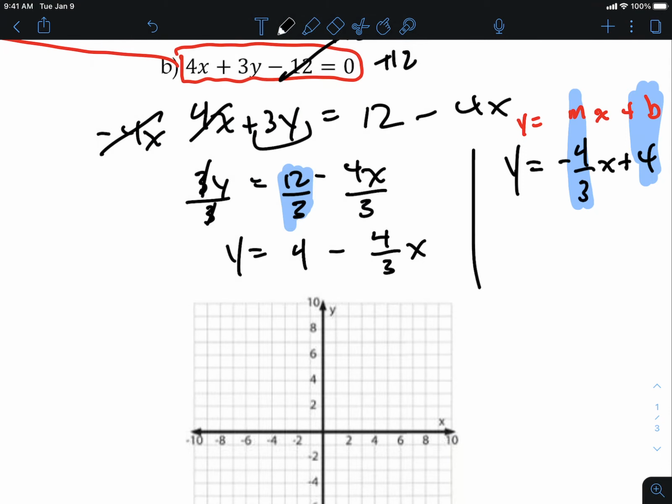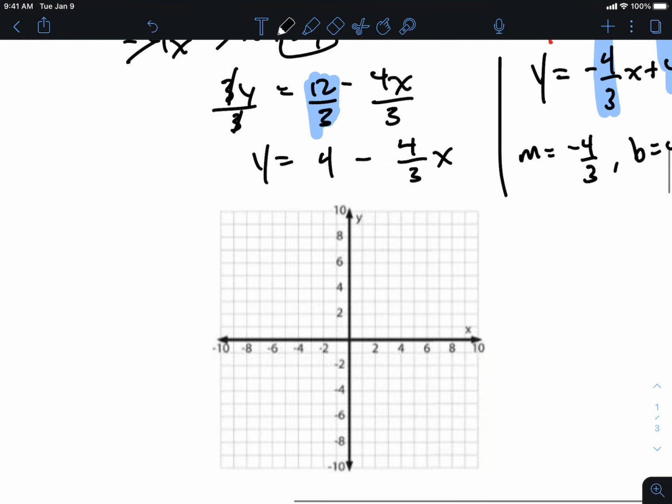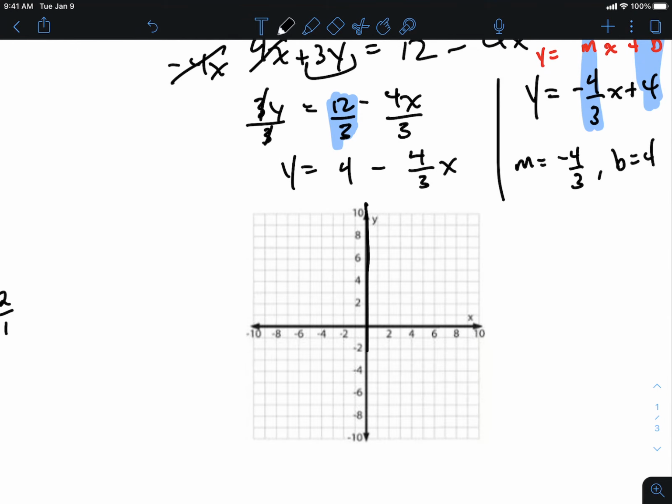So m is equal to negative 4/3, and b is equal to 4. M is your slope, b is your y-intercept, so where am I starting? I'm going to go find my y-axis, my y right here, right? Where do I start? At the b value of positive 4. So you just go find it. Okay, so here's where I start, right there.